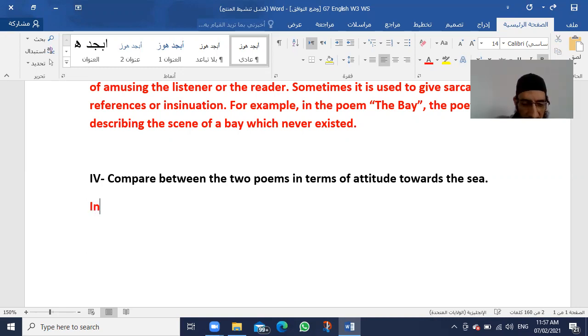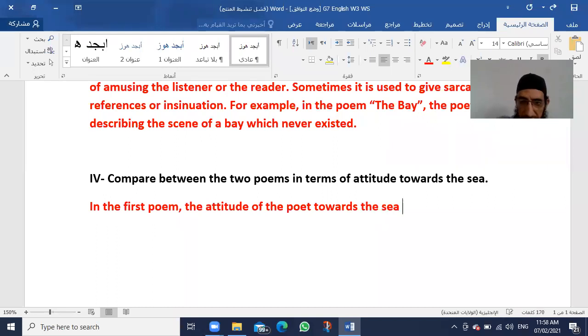Bravo. You can say in the first poem, the attitude of the poet towards the sea is negative.